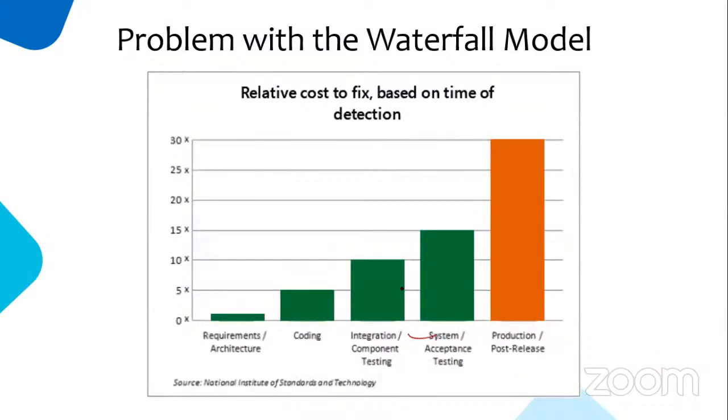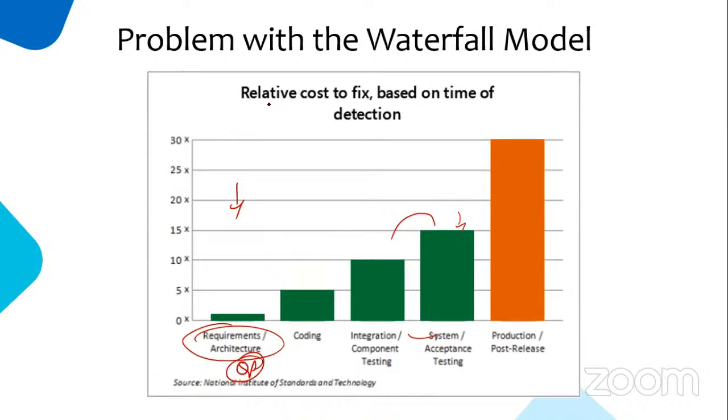So it means fixing of a defect in this particular phase is going to be very high. But suppose the QA team was there in the requirement phase itself, and we found all the defects here, definitely the cost is going to reduce here. So that's the biggest problem in the waterfall model.